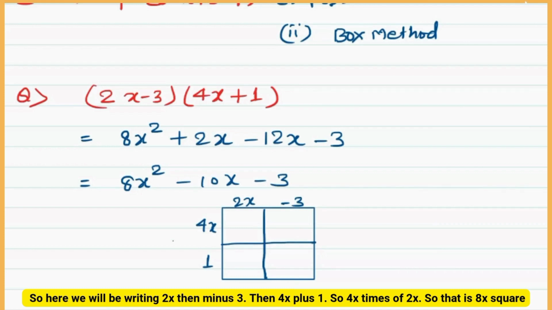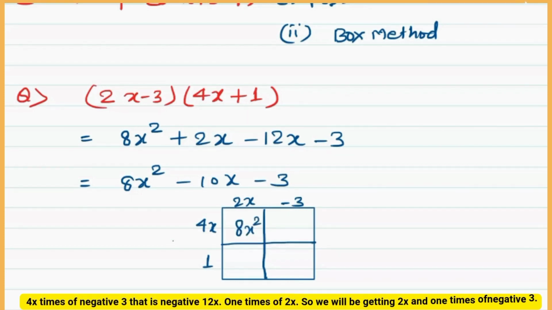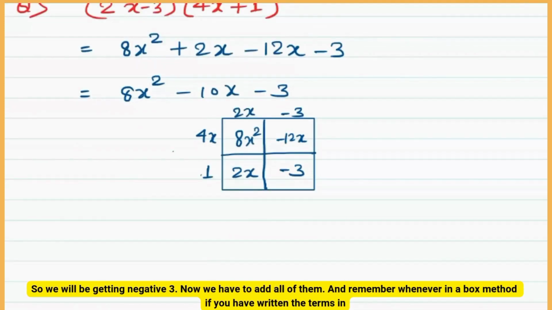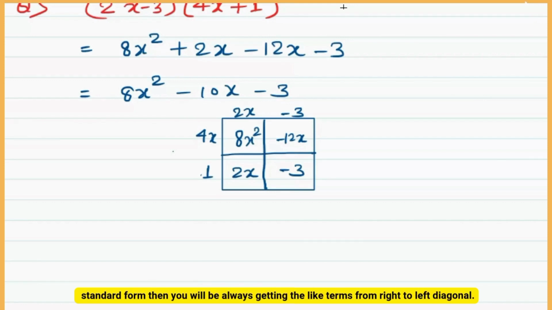So 4x times 2x, that is 8x square, 4x times negative 3, that is negative 12x, 1 times 2x, so we will be getting 2x, and 1 times negative 3, so we will be getting negative 3. Now we have to add all of them. And remember, in a box method, if you have written the terms in standard form, then you will always get the like terms in the right to left diagonal.